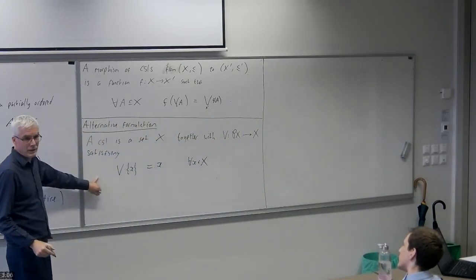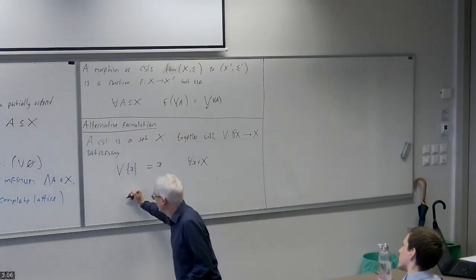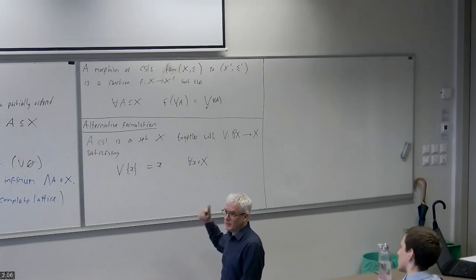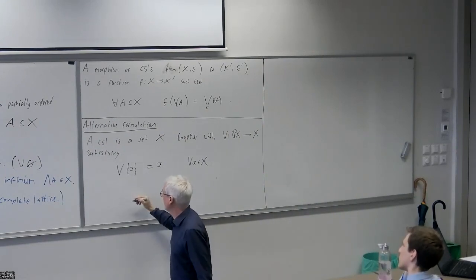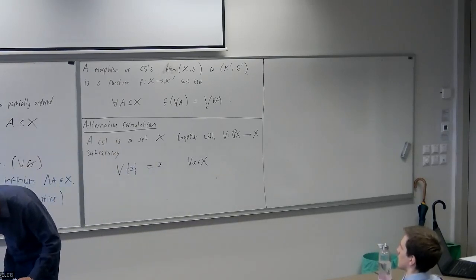And the second one is less simple. And this is that if we take a family of subsets of X, let's call it curly A, let's see how I've written it in the notes.